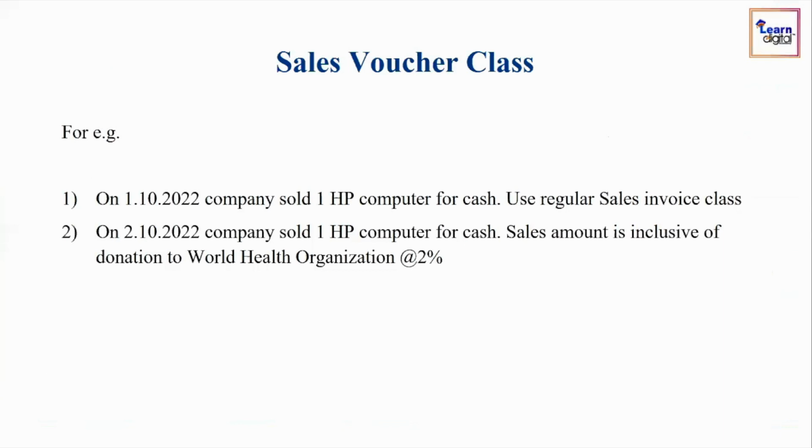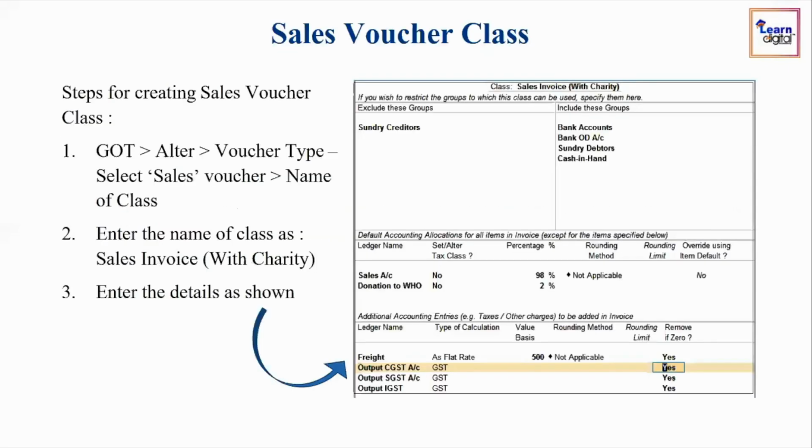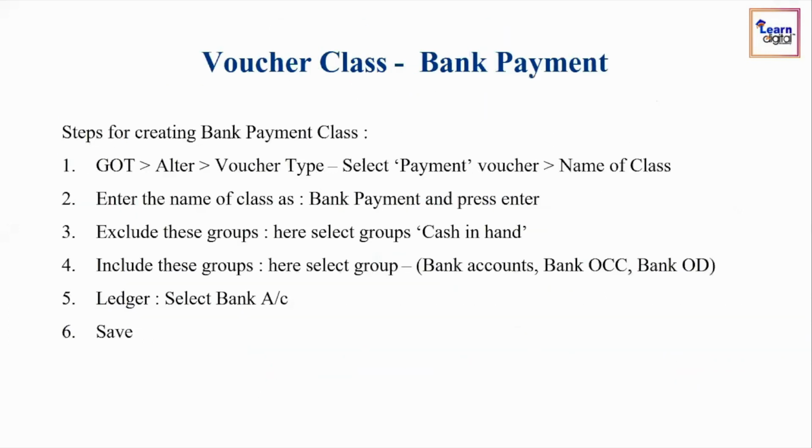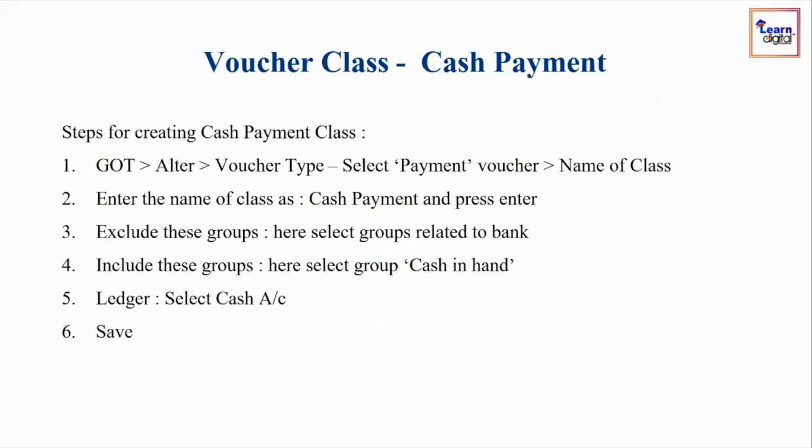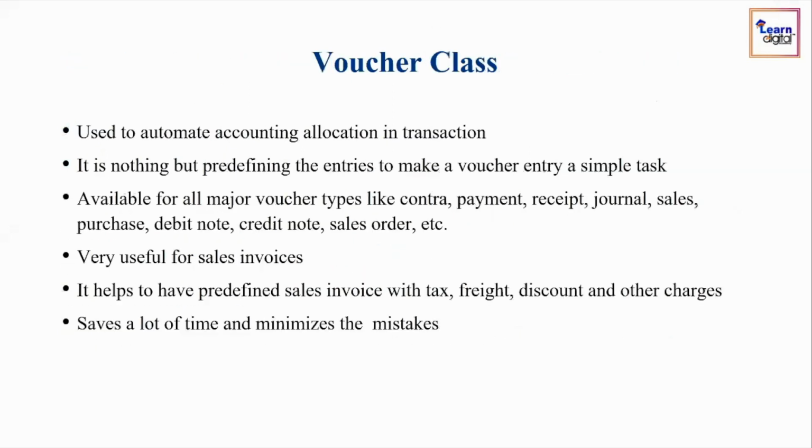So this is the sales voucher class with a special arrangement for donation. So this is how we can create different types of voucher classes to save our time and minimize mistakes. And we can automate all the accounting allocations in transactions by creating different types of voucher classes.